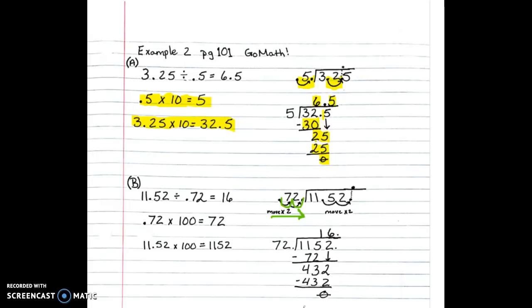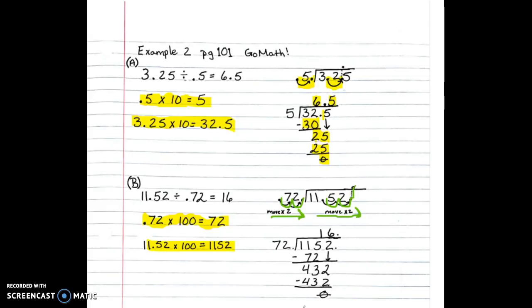And when you multiply that by a power of 10, that means you take 72/100ths times 100, and that gives you 72. Since we multiplied 72/100ths by 100 to get the whole number 72, we will also multiply 11 52/100ths by 100, and that will give us 1,152. So if you look up here, it's the same thing as moving our decimal to the right 2 times. So 1 and 2. And from there, we'll just float our bobber up.